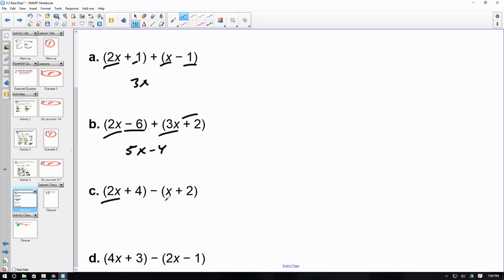This here is 2x and minus x, so this becomes 1x. Remember, this 2 gets applied here, so it's like a minus 2 now. So it's 4 minus 2, which is plus 2. And the same thing goes on here. So this is like minus 2, and this would become a plus 1 because of this minus sign. So this becomes 2x plus 4.